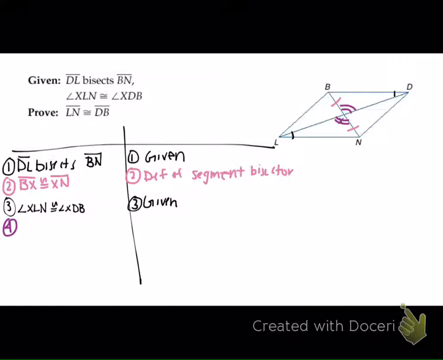LXN. Perfect. So angle BXD is congruent to angle LXN by the vertical angles theorem. And now we have enough information to prove the triangles congruent, right? Because we have angles marked and a side marked.